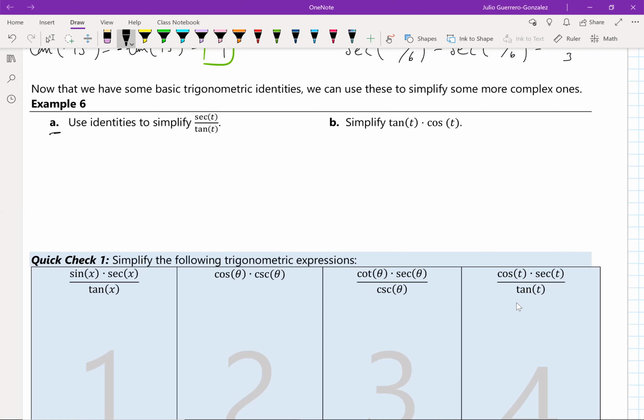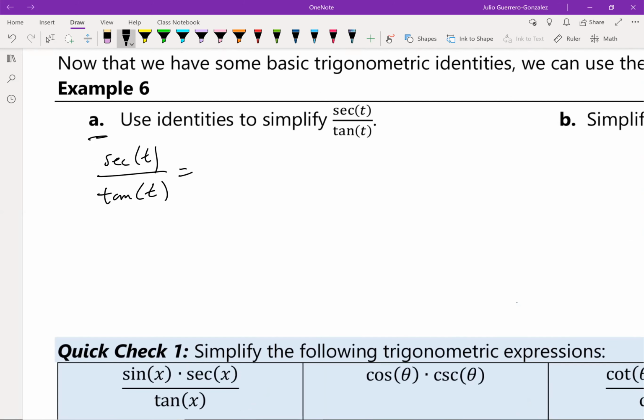So secant of t over tangent of t: secant is 1 over cosine, and tangent is sine of t divided by cosine of t.